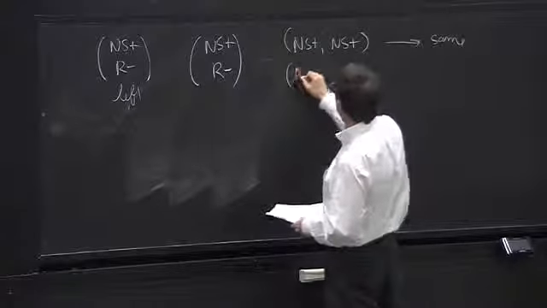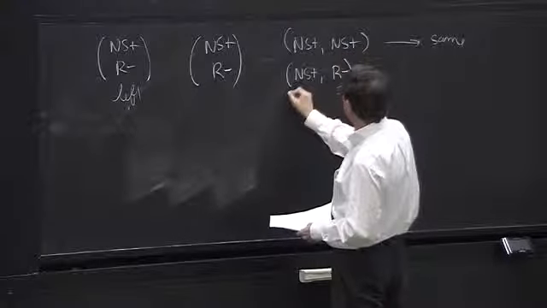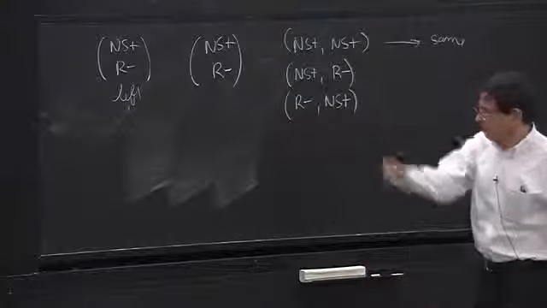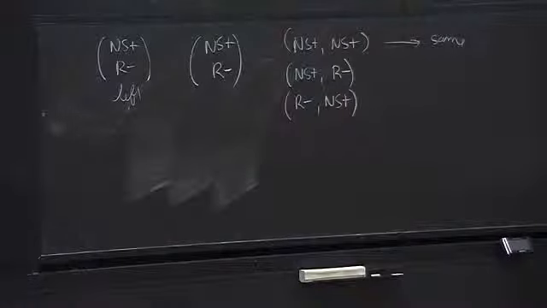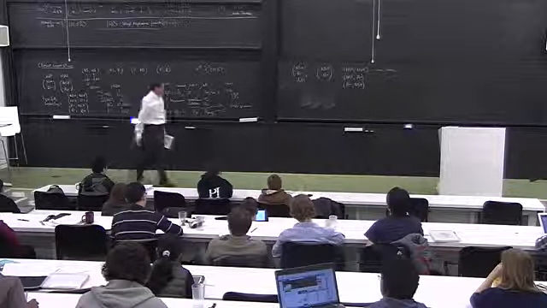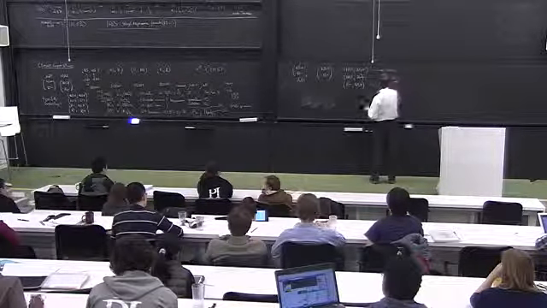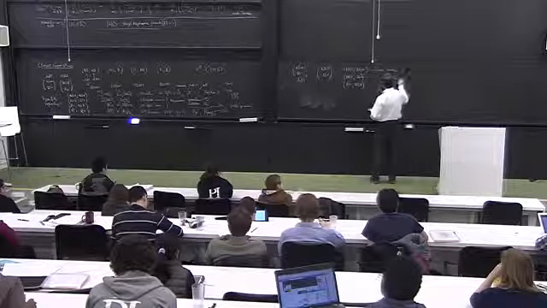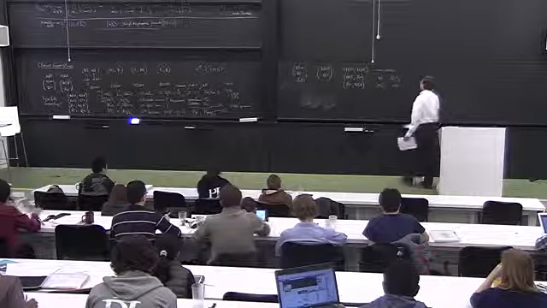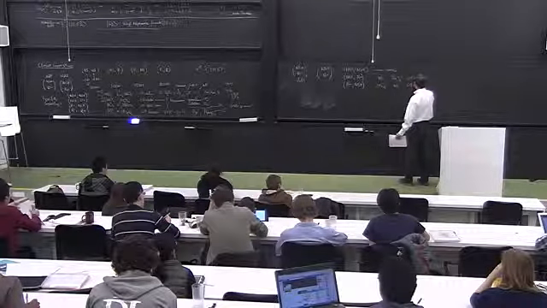Then you have the NS plus R sector, R minus, and then the R minus NS plus. Now, I won't bother to write them. They're really very similar in that you have here R and R, but this time it will be the same R. So here you'll have an RA on the left, here on the right, NS, NS here. Again, you get 64 fermions and 64 fermions.